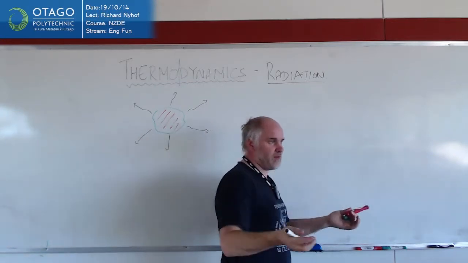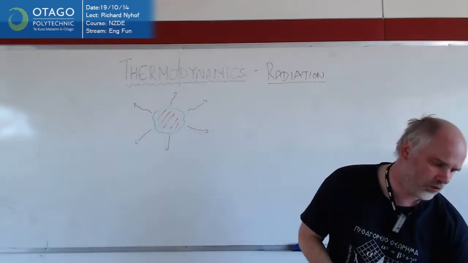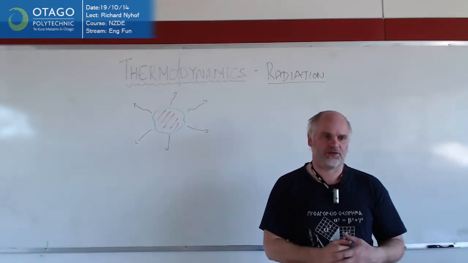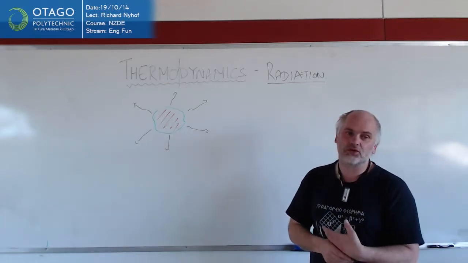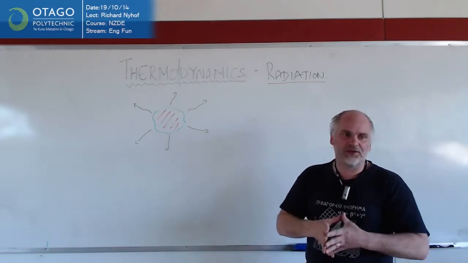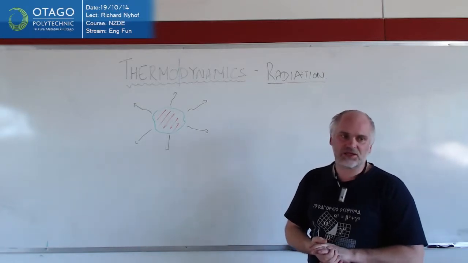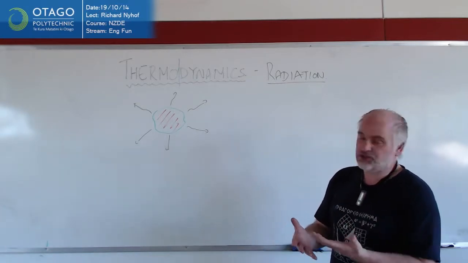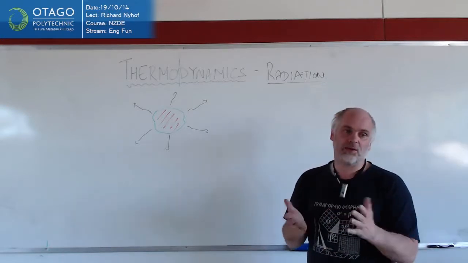I mean, you can tell, you stand out and hold your hands up to the sun, and you can feel the warmth of the sun. And there's quite a lot of space between the sun and you, where there's not a lot of air or anything else to carry that heat. So the heat energy is getting away from the sun, getting across millions of kilometres of space, arriving at the Earth's atmosphere, then coming through the air and warming up your hands.